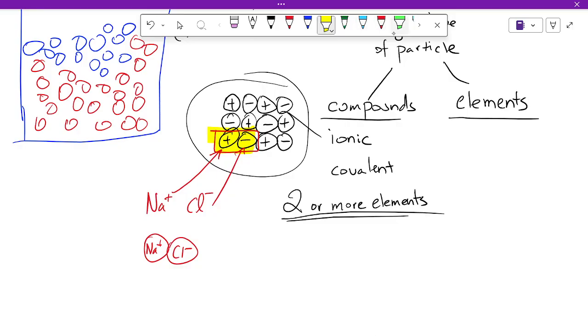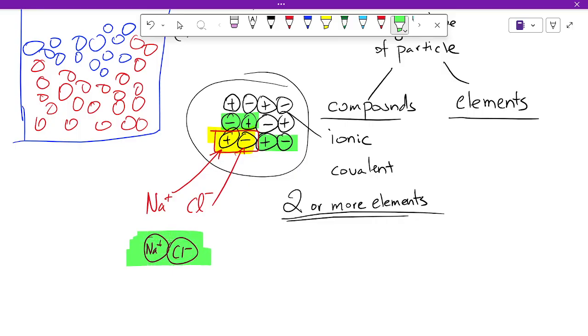What do we have here? Na plus, Cl minus. What do we have here? It's reversed, but it's the same thing. If we flip the cube over, it would be the other way. So it's Na plus Cl minus. So are all the particles the same? Are they all NaCl?